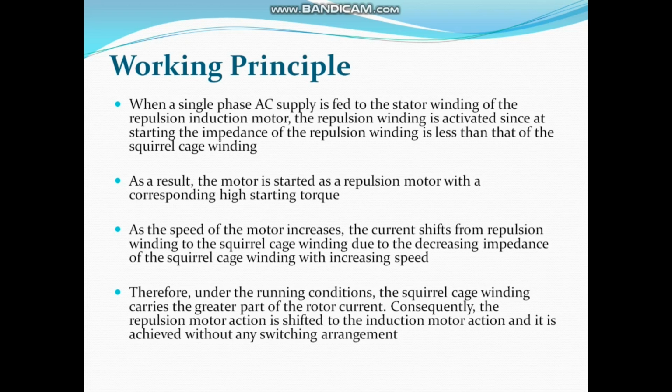As the speed of the motor increases, the current shifts from the repulsion winding to the squirrel cage winding due to the decreasing impedance of the squirrel cage winding with increasing speed. Therefore, under the running condition, the squirrel cage winding carries the greater part of the rotor current. Consequently, the repulsion motor action is shifted to the induction motor action and it is achieved without any switching arrangements.